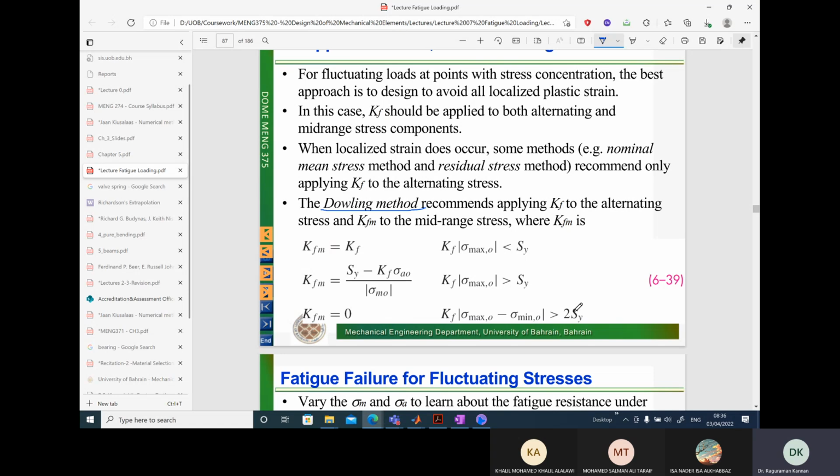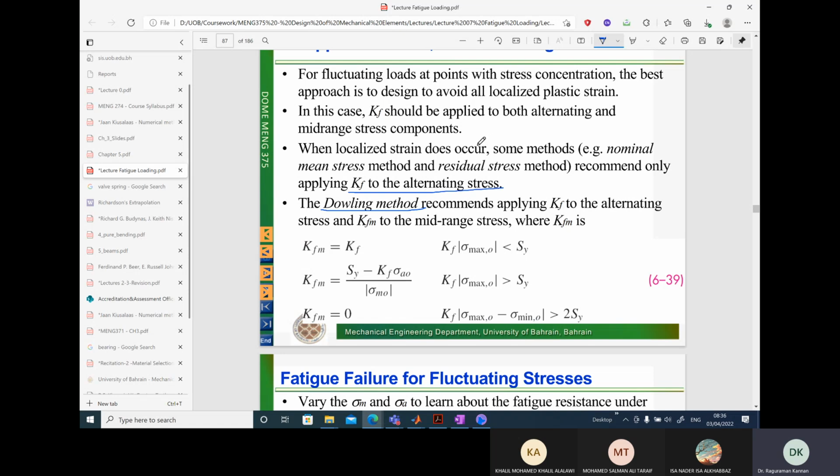And if it is greater than 2 times the yield stress value, in that case, we will take it as 0. Okay. What about the amplitude of stress? In the case of amplitude of stress, we will always use the Kf value given here.